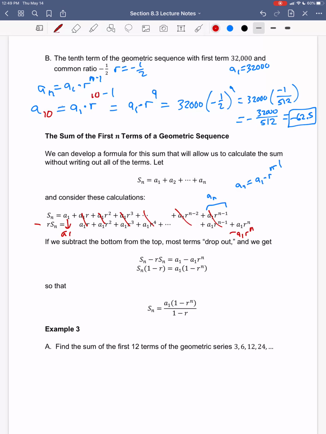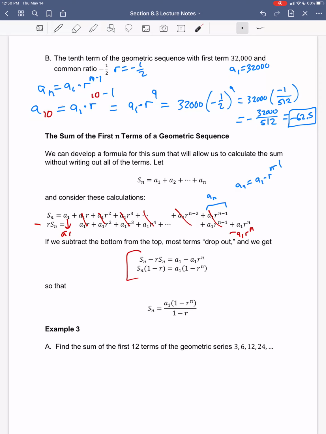And so that's what this is showing right here. The left-hand side, s sub n minus r s sub n is here. And I end up with a1 minus a1 r to the n. And then I can factor out the s sub n, I can factor out the a sub 1, and then I divide to get a formula for the sum.